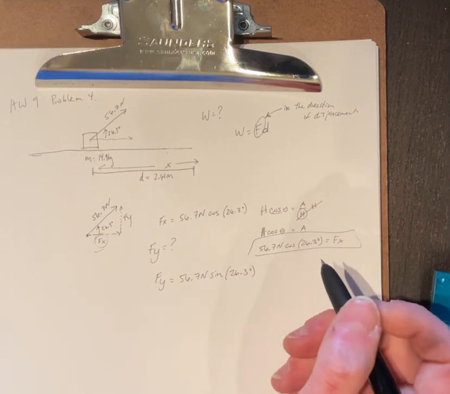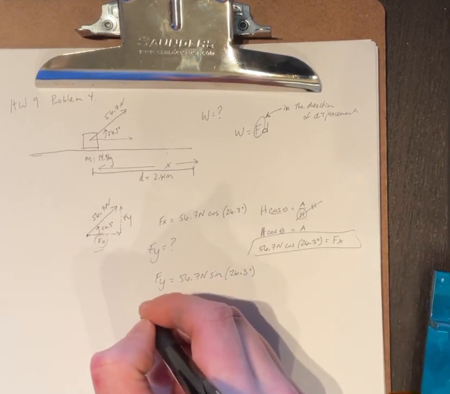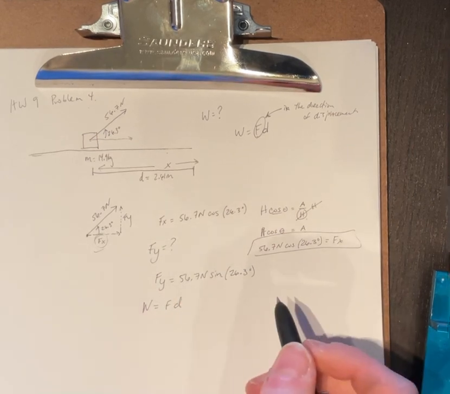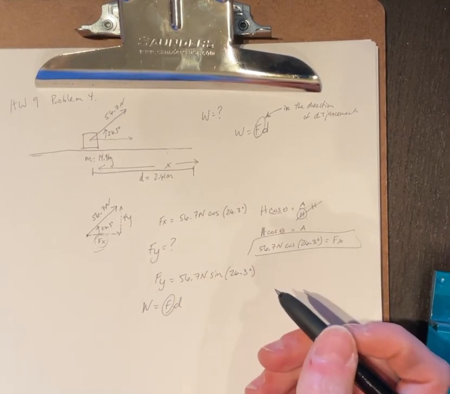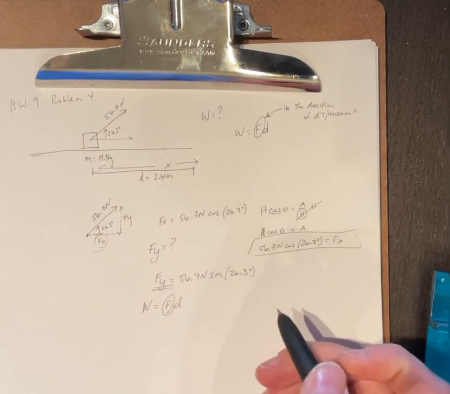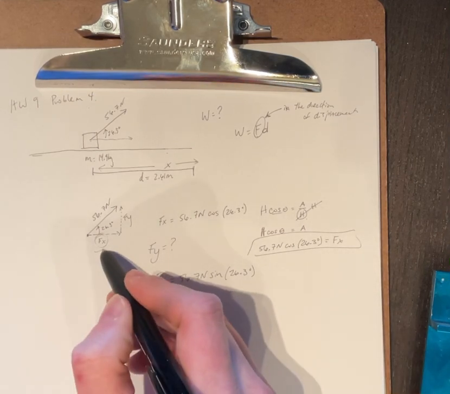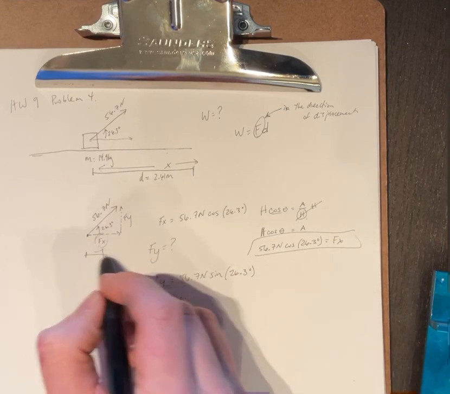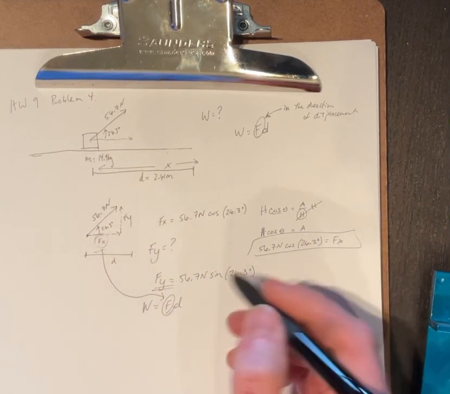Okay? Now, the work equals force times displacement. The force that we're interested in is not the y, it's actually this force in the x direction, because that is the direction of our displacement, right?